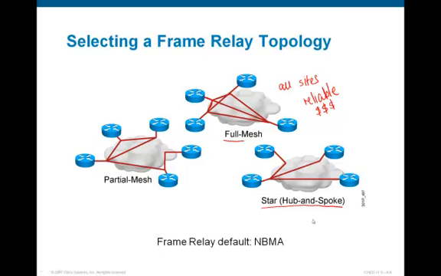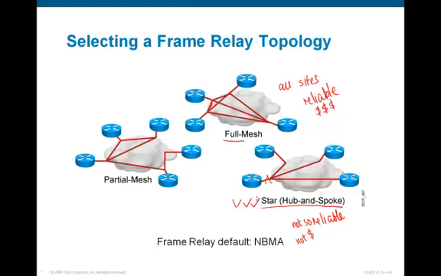This is not that reliable because you could have a single point of failure, right? But it is not expensive to deploy. So that's why in the real world we tend to use a hub and spoke topology when deploying our frame relay connection services.